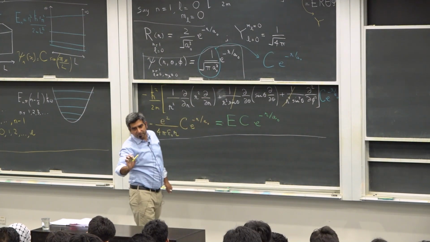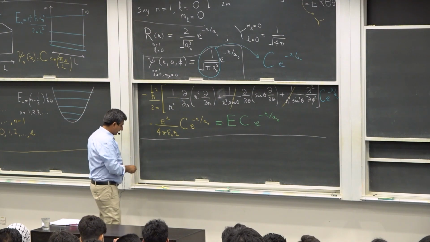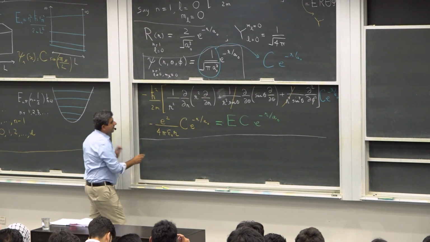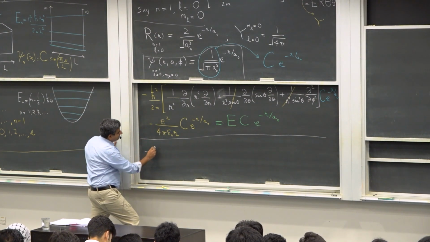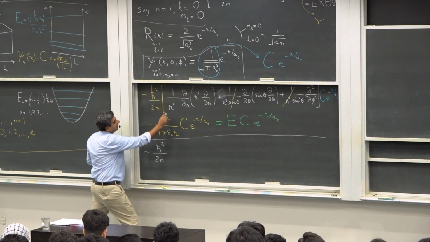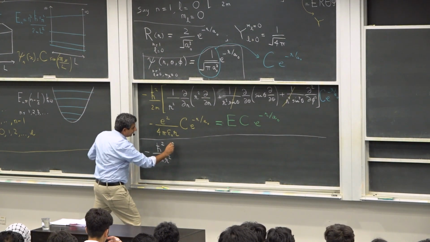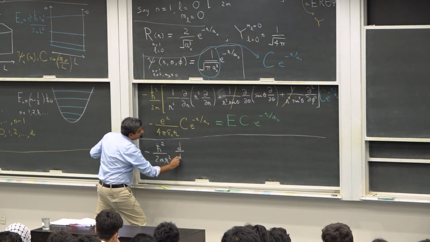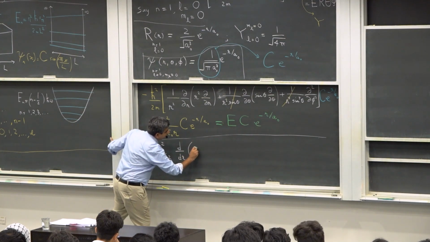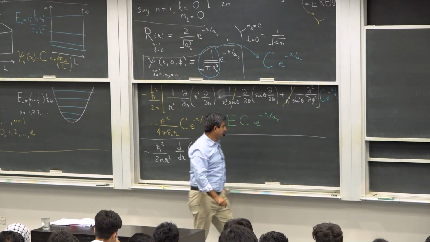So now what I'm left with is the first term, minus h bar squared over 2m. I put this r squared over here, and I have the derivative of r squared times the derivative of this function over here.